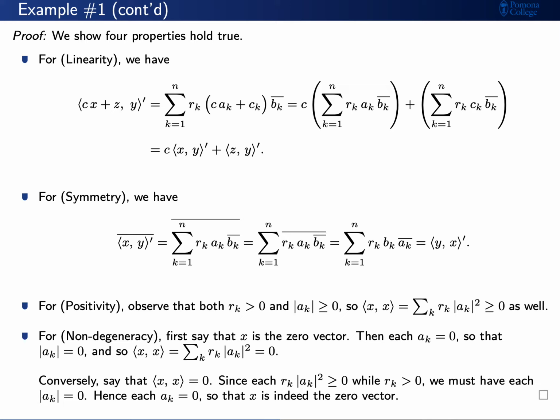Since the product r sub k times the absolute value of a sub k squared is non-negative, and the scalar r sub k is positive, we see that we must have the absolute value of each coordinate a sub k be 0. But then this means that each component a sub k has to be 0 as a complex number, so that x itself is indeed the 0 vector.